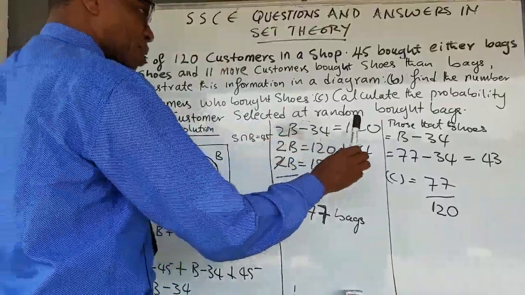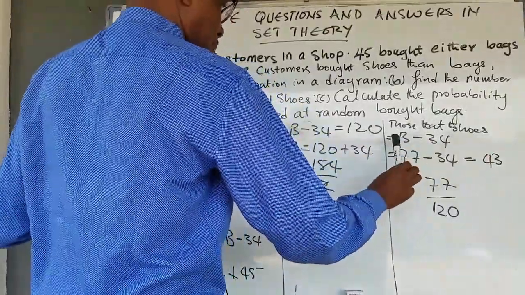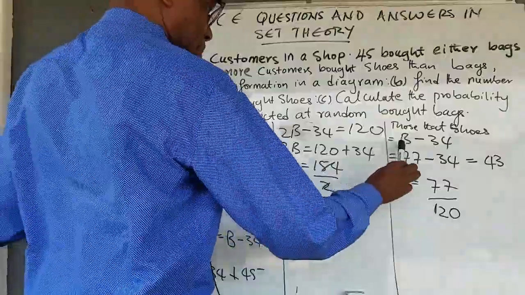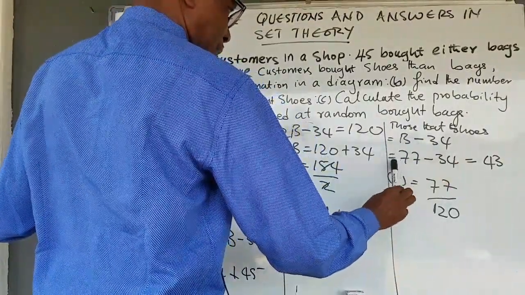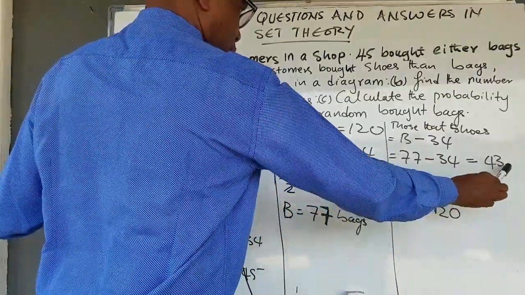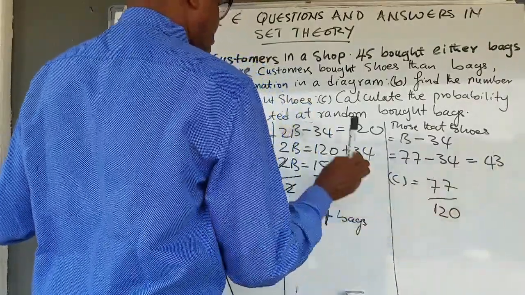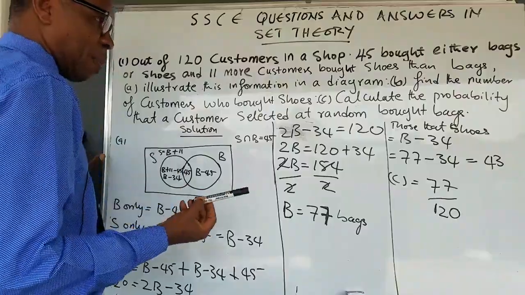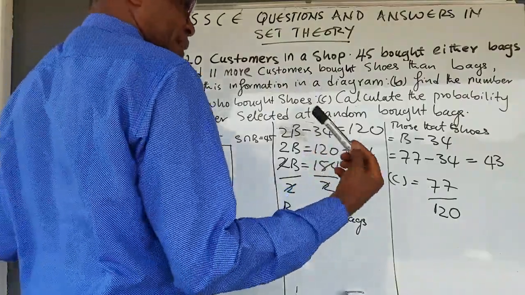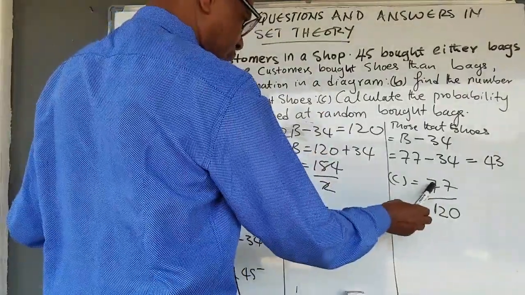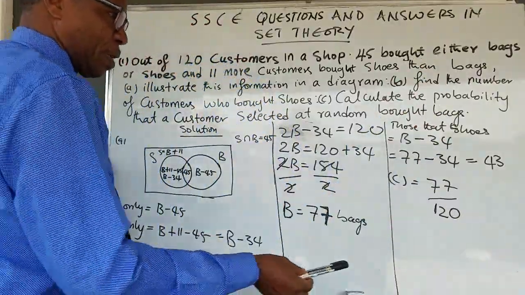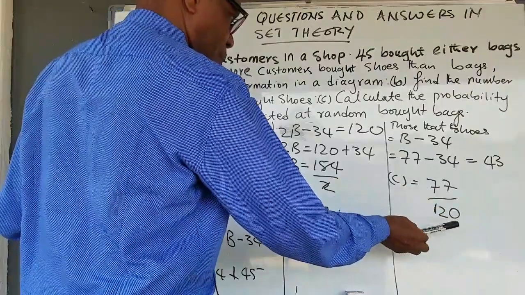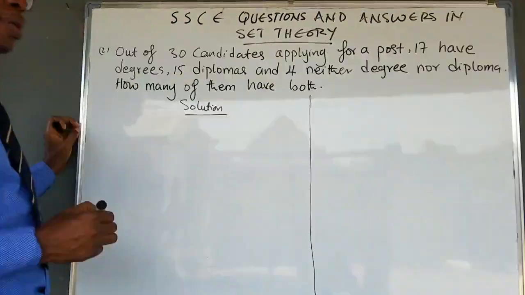So those that bought shoes will now be bags minus 34, and that automatically gave us 43. And then the last question that is very interesting there is probability, which I believe you know very well. Number of outcomes, 77, over total number of incidents we have there, which is 120. So we have 77 over 120 as our answer.